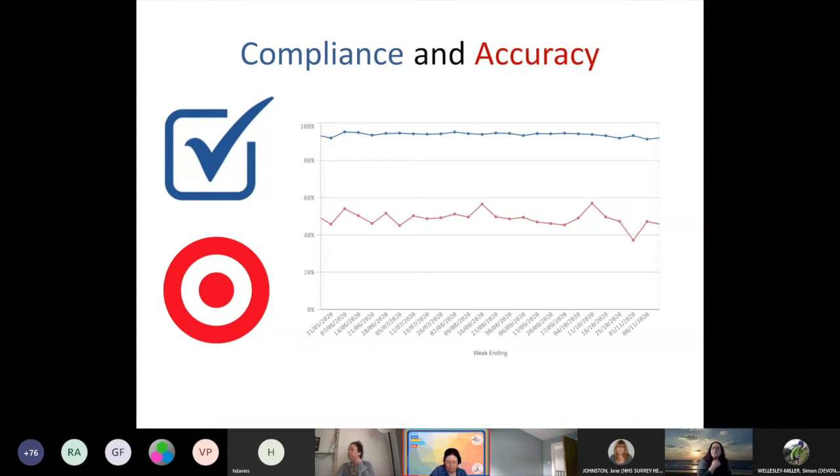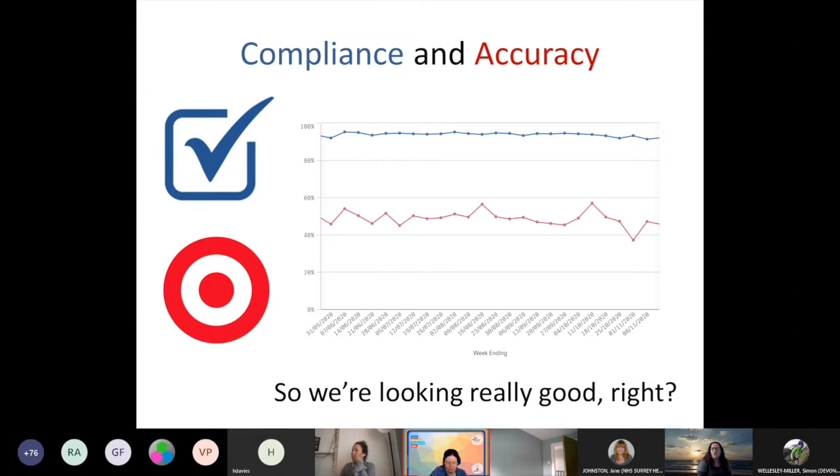Compliance in blue is well over 90%, and accuracy in red is about 50%. So this is exact accuracy. About 50% of all of our predicted dates are on exactly the right date, which is not so bad a thing. So we're looking quite good, don't we?